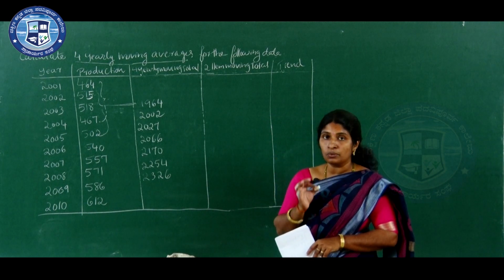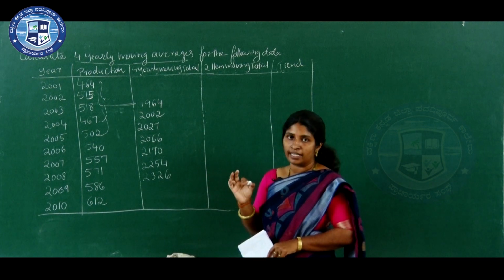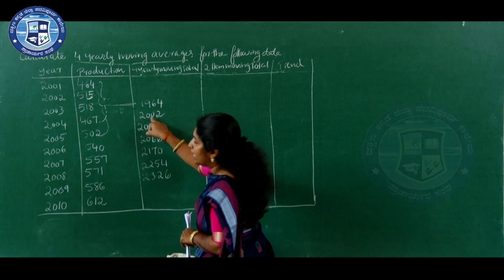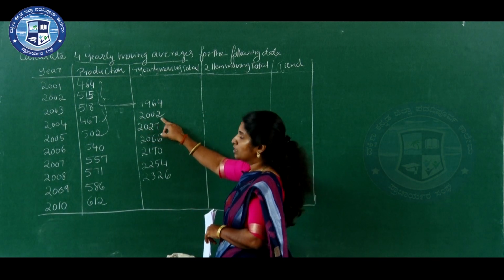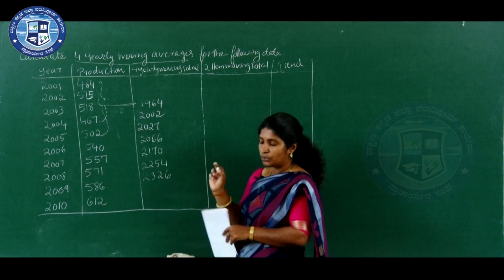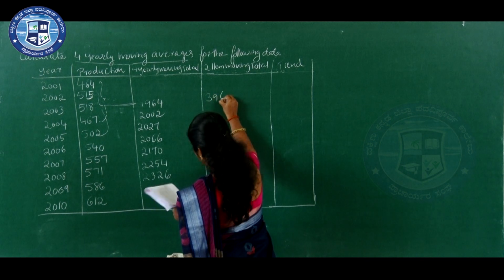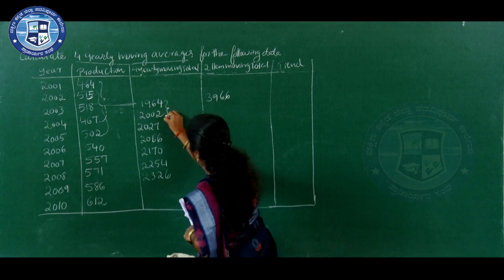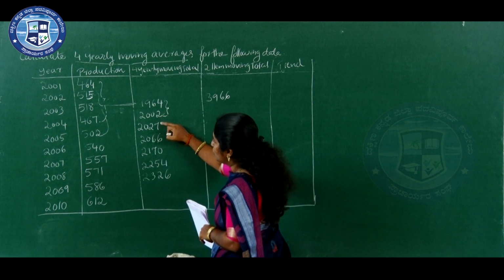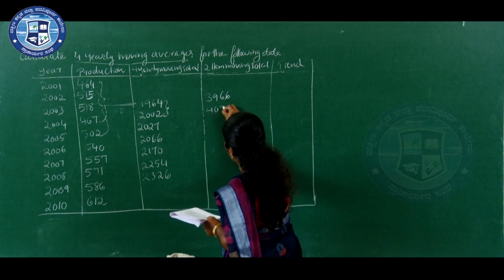Now find the 2-item moving total for this 4-year moving total, that is 1964 plus 2002, the answer is 3966, first value. And now take 2002 plus 2027, that is 4029.